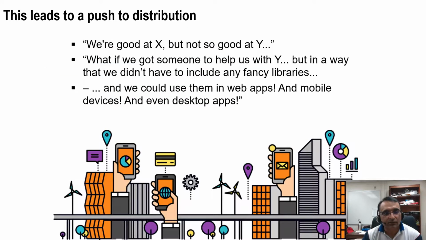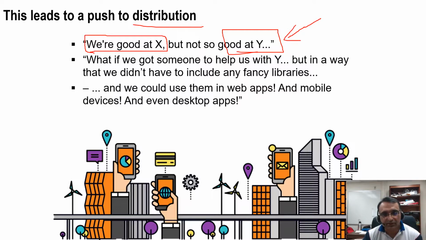So what's the solution? Solution is on distribution. It means it is possible your IT team, you still hire some IT developers. They're good in X, but they're not good in Y. So in this case of Y, you will buy that piece of software from somewhere else, like a service. It could be a web app, it could be mobile app or desktop app, whatever. So in this case, you are going to use their web app or any app as a service.